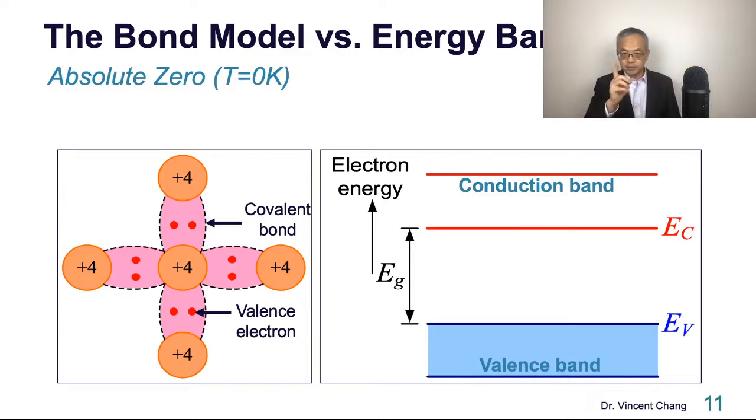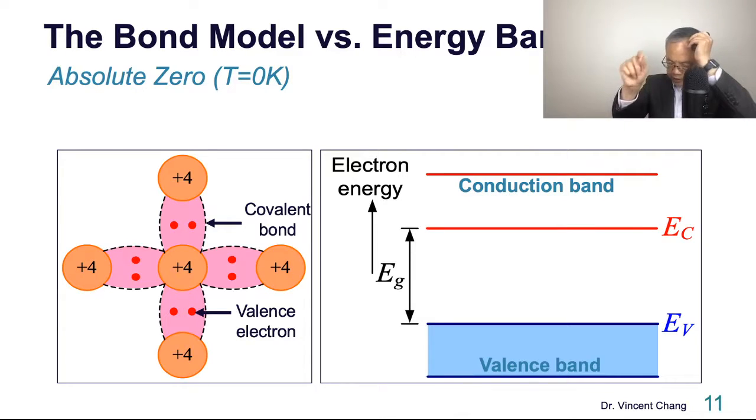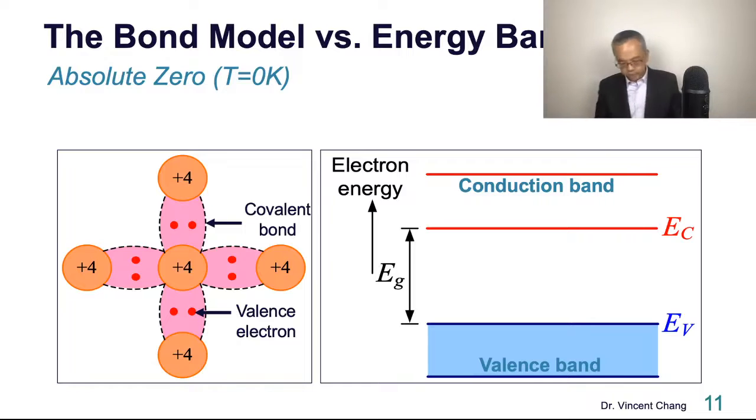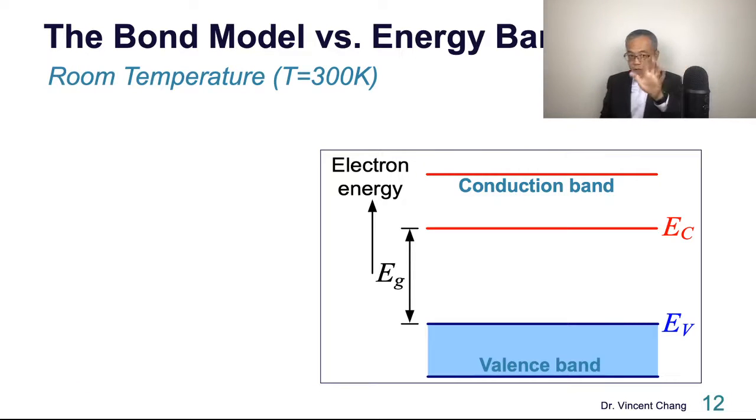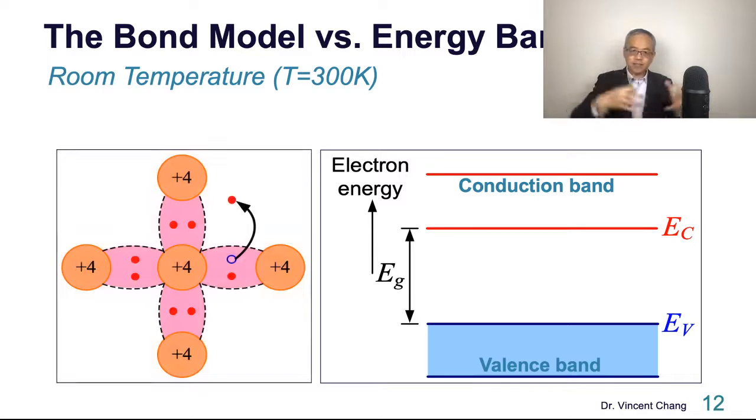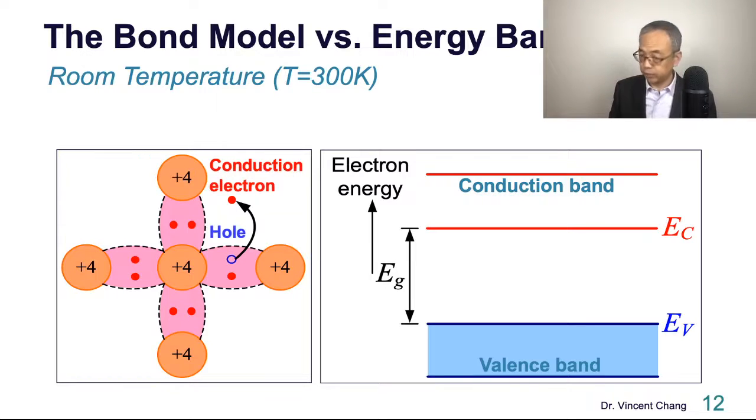Get it? That's the contrast between real space on your left and energy space on your right. Now at room temperature, something changes. Because of lattice vibration, the bond is broken, creating an electron-hole pair in real space.